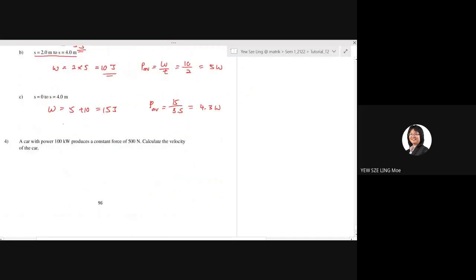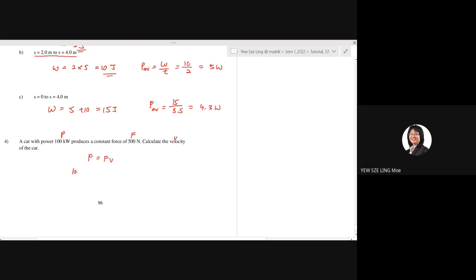So the last question is just a very simple question. A car with a power, now you are given the power. It doesn't want you to calculate power. So it produces a constant force, which is your force, F. Then calculate the velocity of the car. So you want V. So obviously you see P, F, V straight away. P is equal to FV.